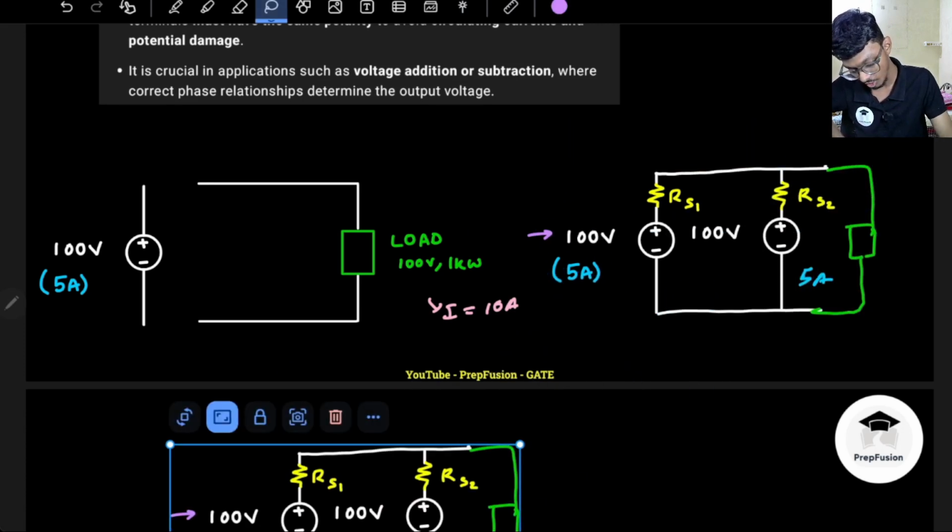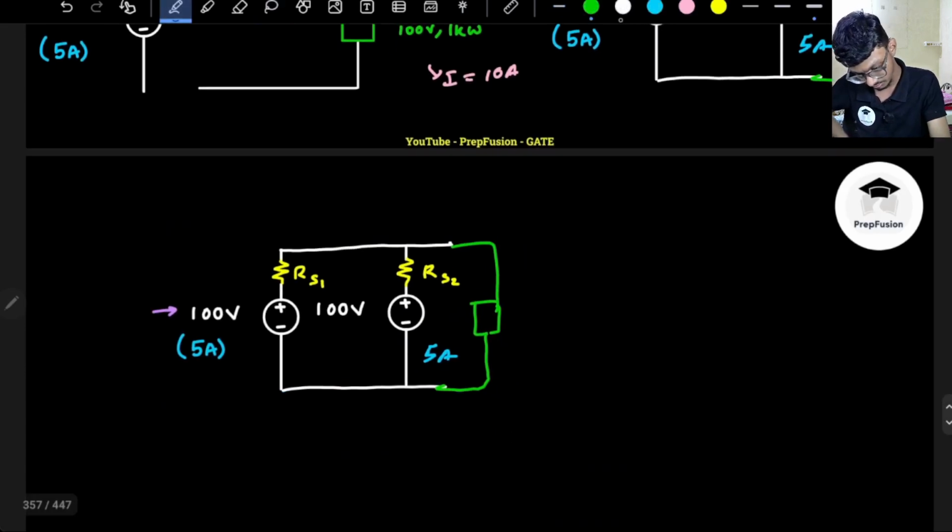If I connect this in the opposite orientation, now if I apply KVL in this loop, there will be some current IS1 and current IS2.